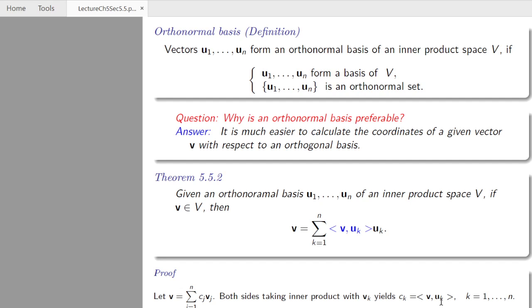The reason is that the inner product of uj with uk equals 0 if j and k are not the same. So in this way, we get ck is just the inner product between v and uk, which is the coefficient in this representation.